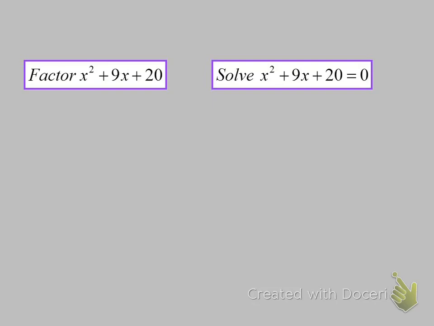If you look at the polynomials, what's the one thing you notice that's different from left to right? The one on the right equals 0. That's an equation, because it's got an equal sign in it. And when you have an equation, typically you solve for the variable that you're missing, in this case, x. The left one doesn't have any equals. That's why it just says factor, and that's it.